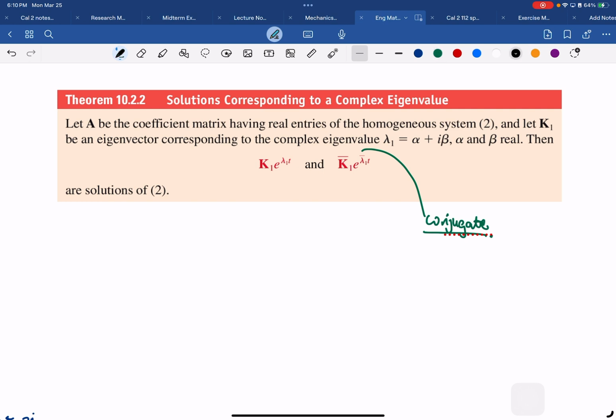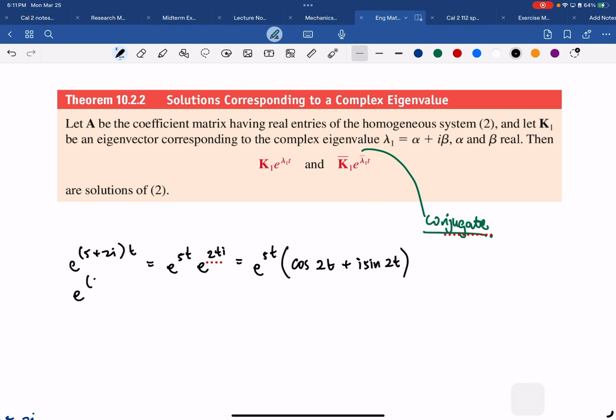And then, since we want to make the Euler relations, let me write here. This will be e^5t, cosine 2t plus i sine 2t. And then the conjugate we can write.